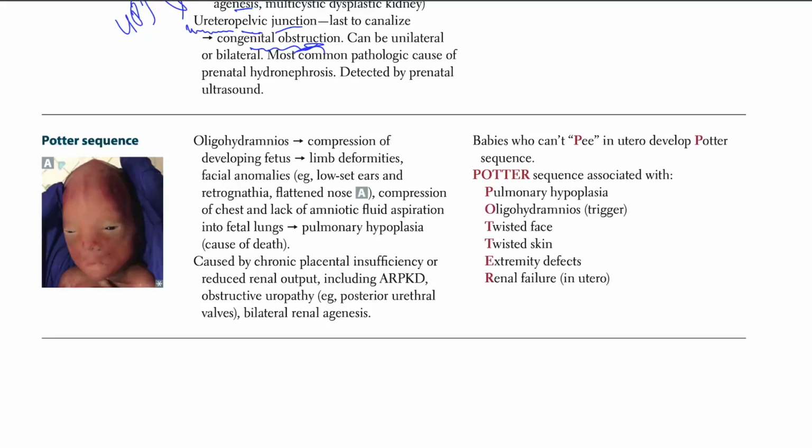Let's talk about the Potter sequence. What is Potter sequence? Potter sequence is when you have bilateral, remember bilateral, renal anomaly, right?